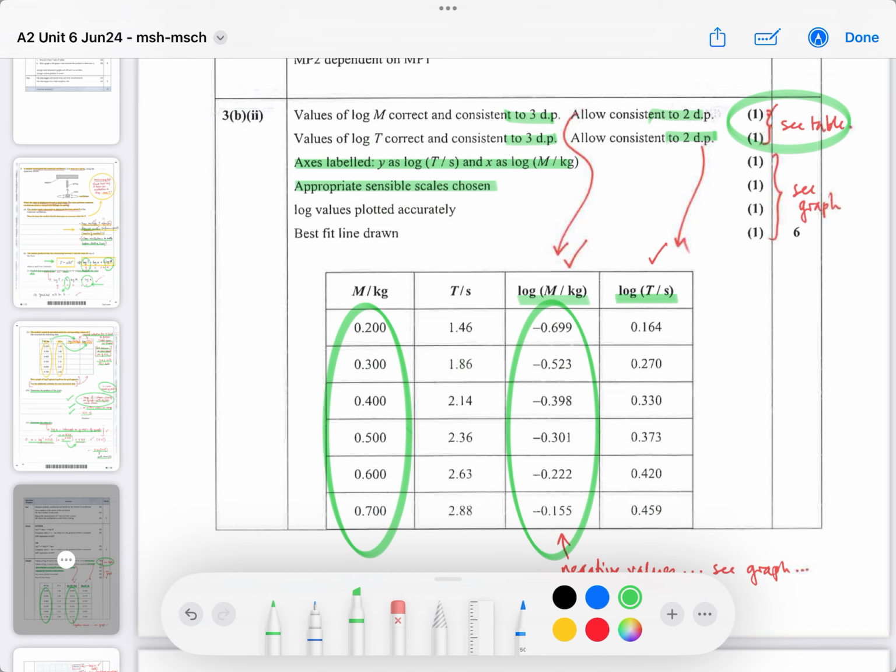That means multiples of 1, 2, or 5 only. Don't use any other numbers. Like don't go up in 3s, 4s, 6s, 7s, 8s, or 9s. And then the log values are plotted accurately and they will check. And if you have anything that's inaccurate, that means more than a small division out, you will lose the mark for sure. Okay? And then your line of best fit should be going in the middle of the points. That means you've got points above and below it.